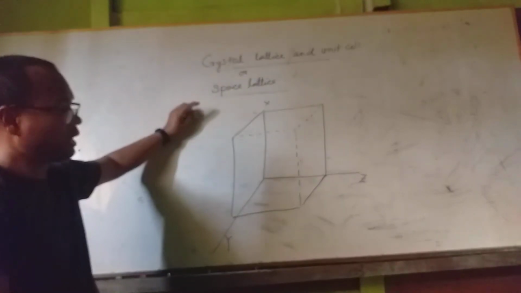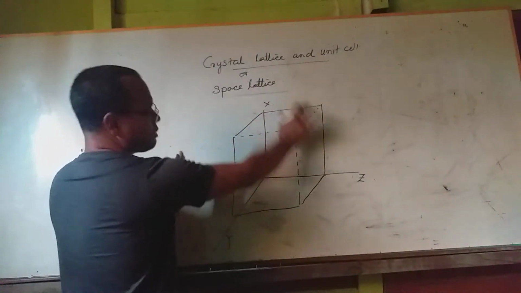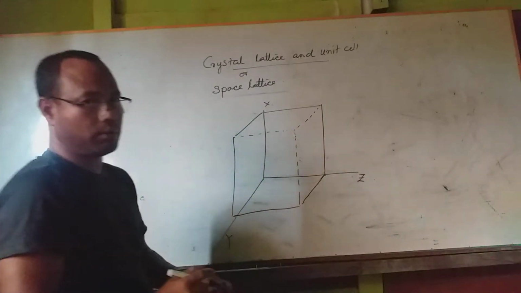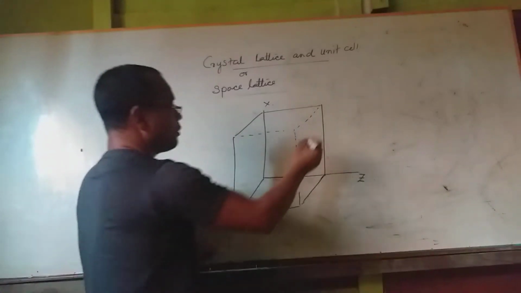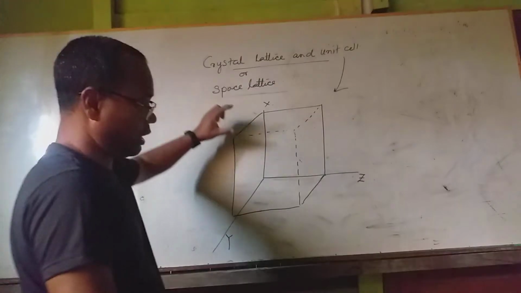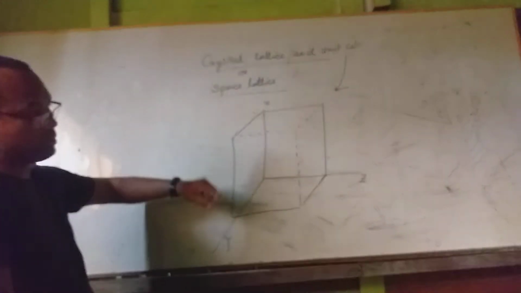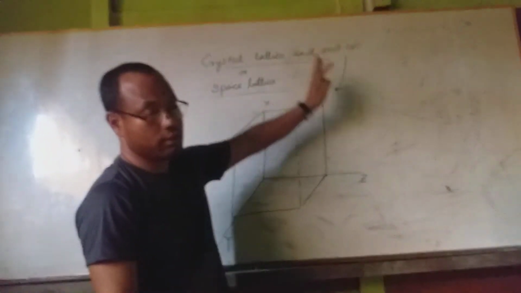This looks the same as the previous one. This smallest portion we normally call the unit cell. Unit means one, which we require to construct the very big crystal. That is what we call a unit cell.